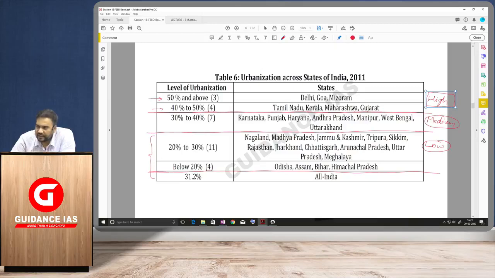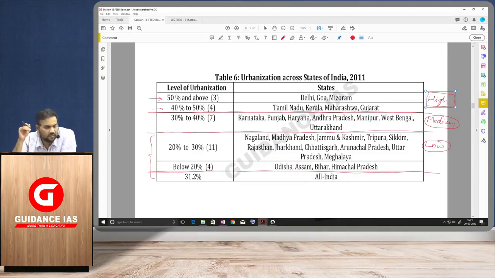These states have seen accelerated economic development, accelerated socio-economic development. ठीक है. So that is the primary reason why we find that the urbanization levels are found to be higher.